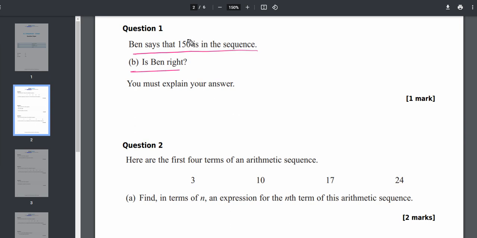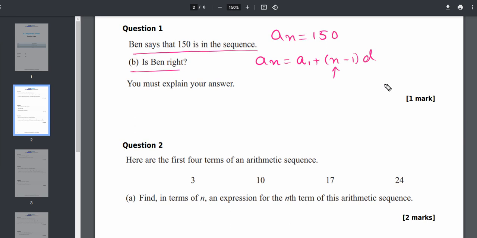So I'll say that my nth term is 150, and I will use this formula, an equals a1 plus n minus 1 times d. I have a1, I have d, I have my nth term. If I get the value of n as an integer, then this term will exist in the sequence.